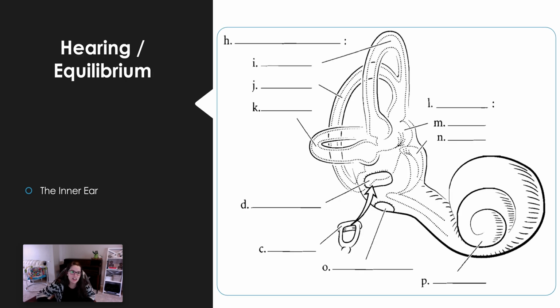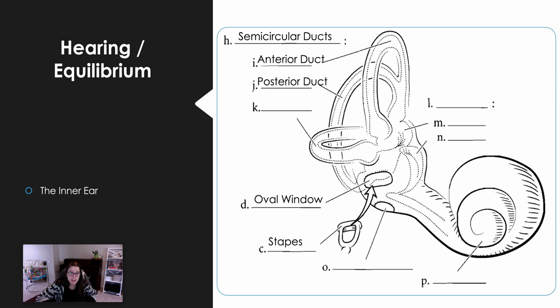Final section of the ear, let's talk about the inner ear. Giving you a little bit of background again, the stapes is in the middle ear and it's going to connect at the oval window. The oval window is essentially the connection between our middle and inner ears. Now you have these semicircular ducts. These are not related to hearing. This is where our equilibrium comes in. The three ducts are named for the direction that they move.